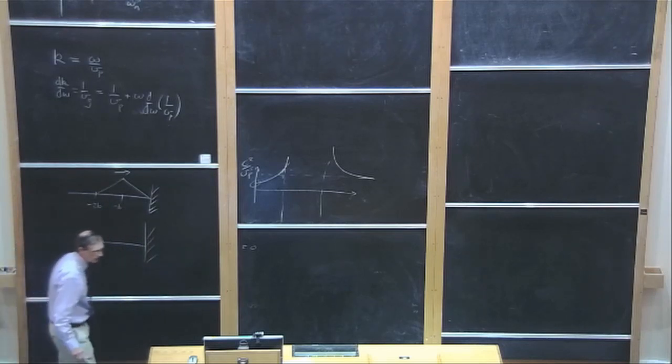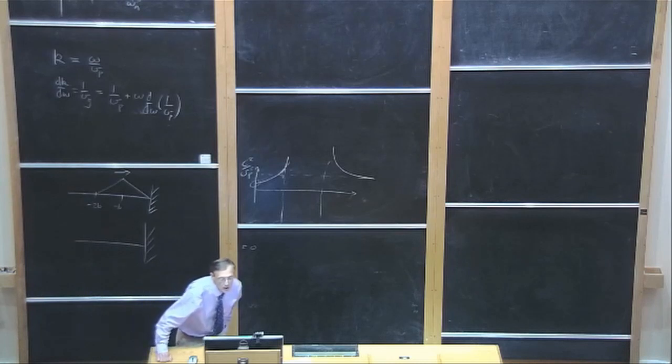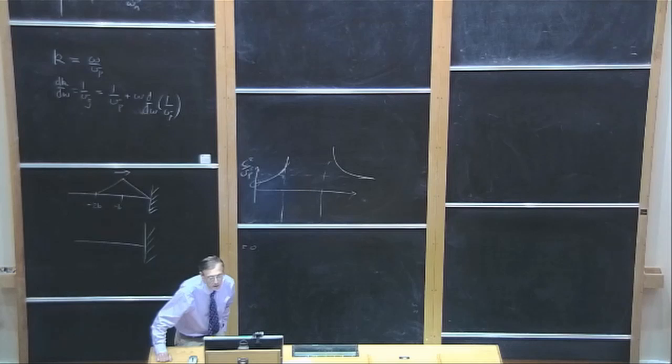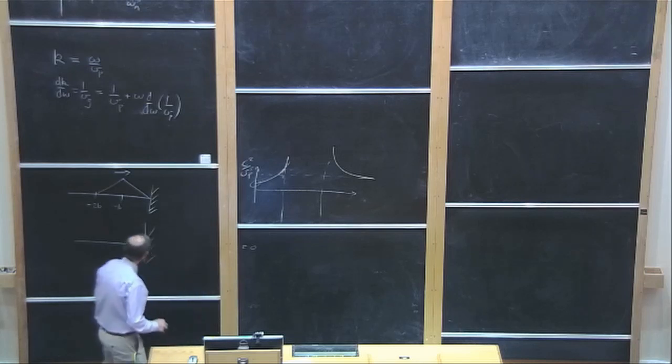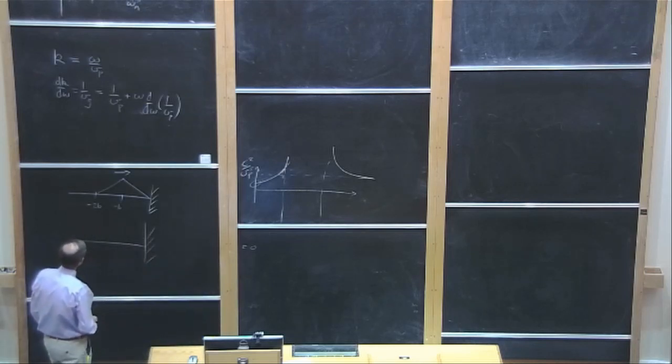So the times at which they want us to do this are at b over 2c, so it's moved a distance b over 2.